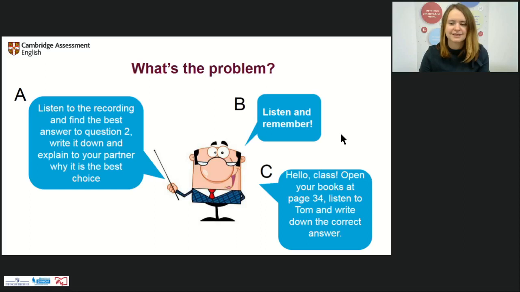Any ideas so far? Okay, too complicated, probably. Too much. Can you imagine even a 10-year-old trying to figure out what the teacher wants? So what should we do to make it better? How can we improve it?